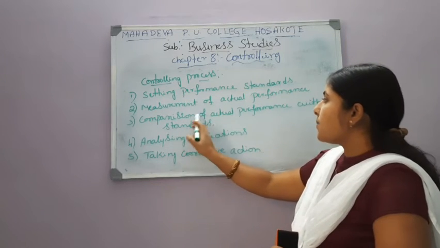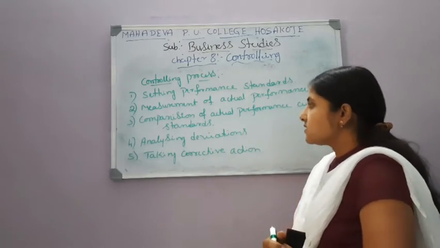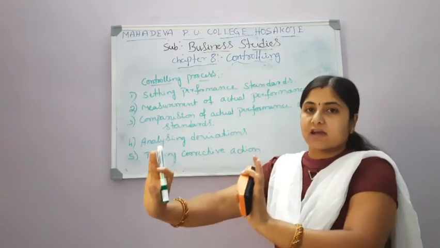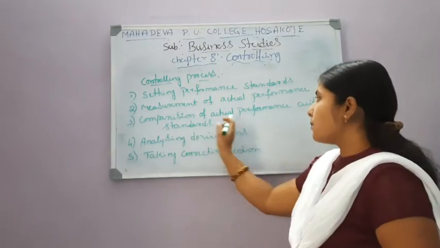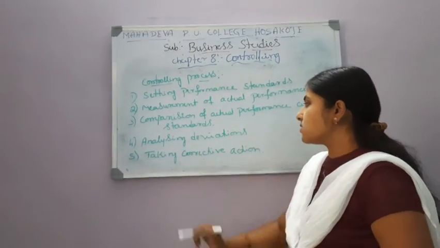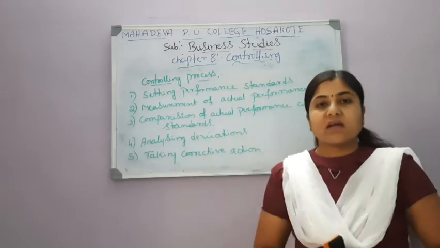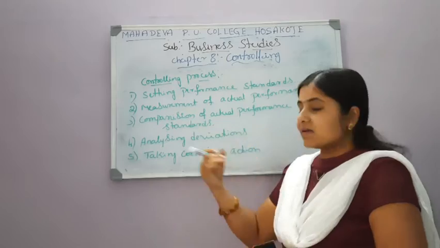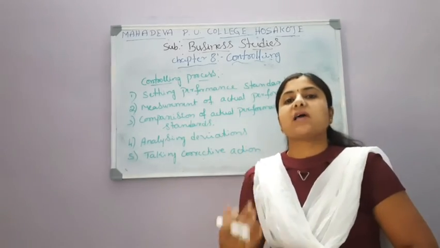After that, comparison of actual performance with the standard. After measuring, we compare it: what is the standard, what is the actual, what has happened. Next is analyzing deviation. After comparison, we analyze the deviation, how much change has happened.